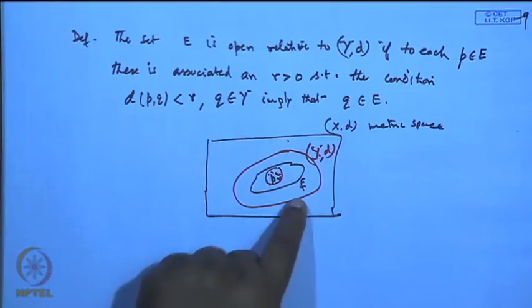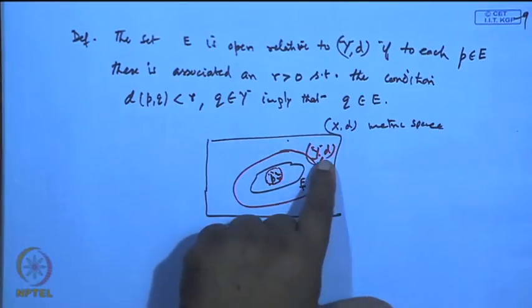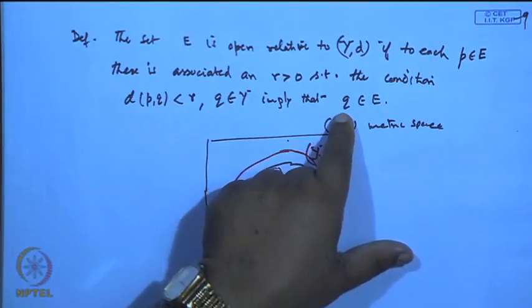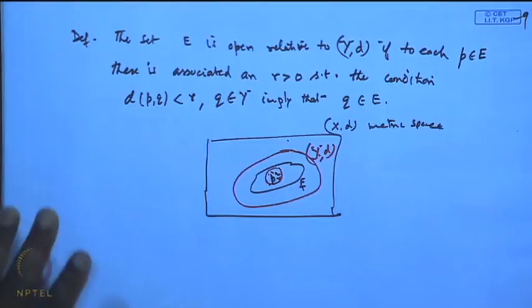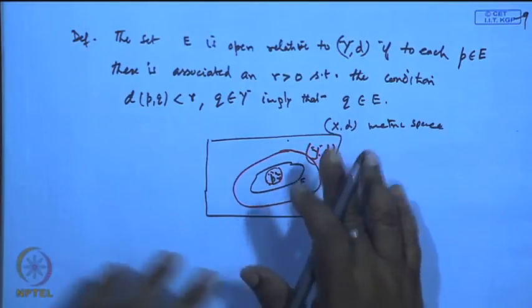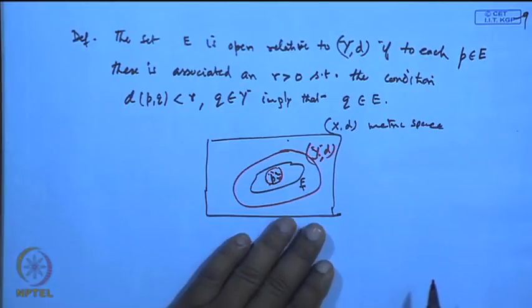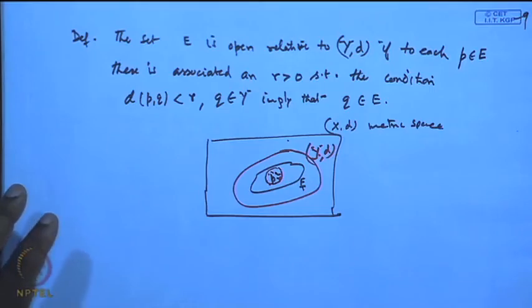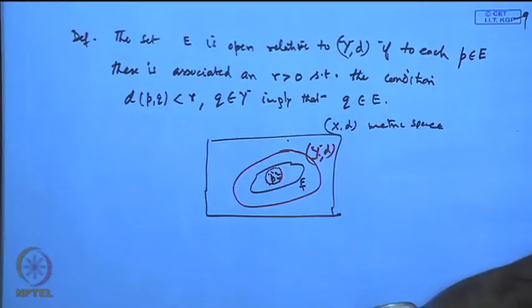Now, this has been shown: a set E may be open with respect to the subset Y, but may not be open with respect to the larger set, and we have seen examples. However, in the case of compact sets, we will see that this restriction is not there. So, that is more friendly than open sets or closed sets.